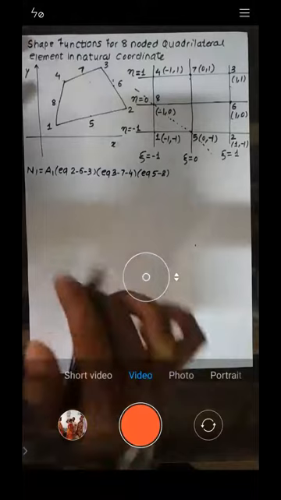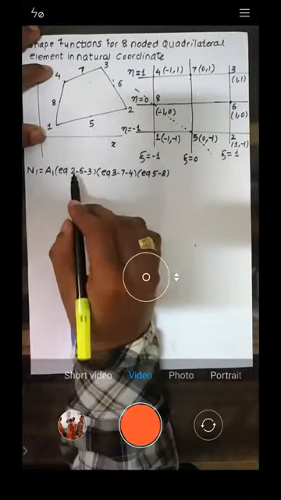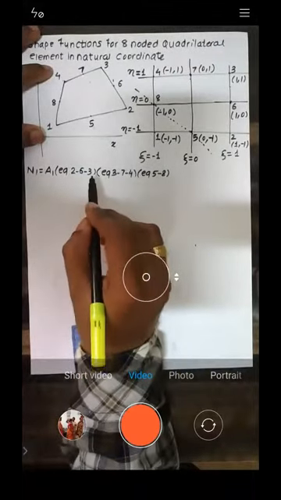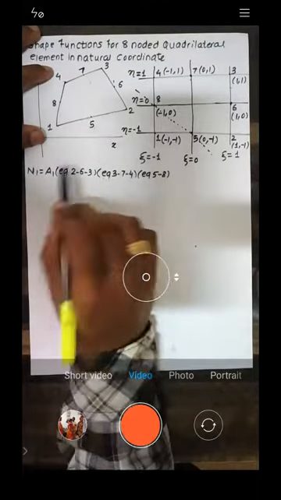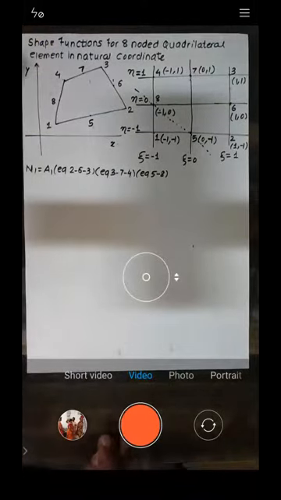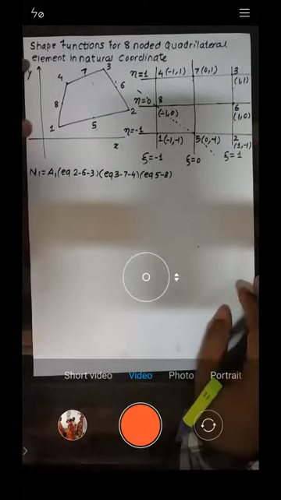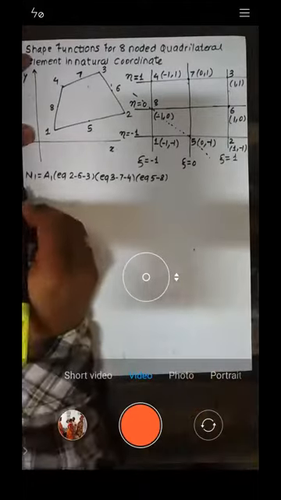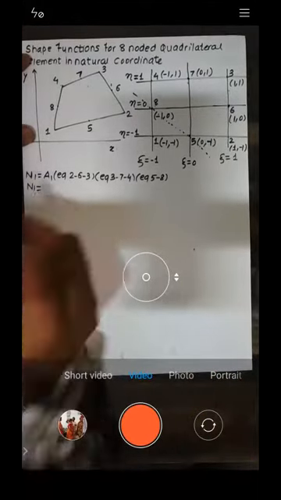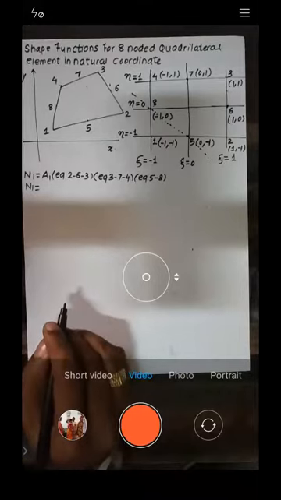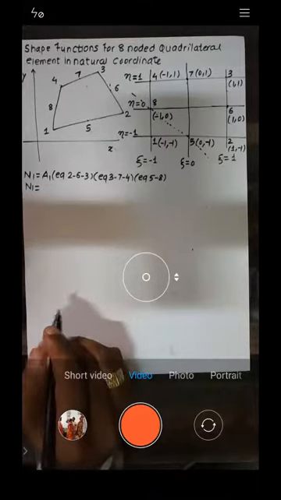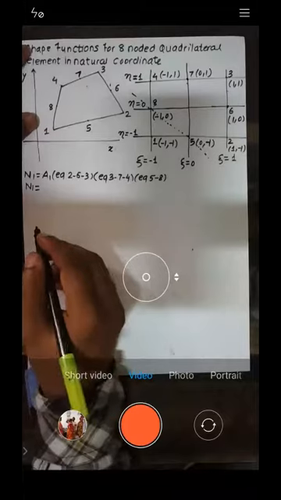Now 2 is covered, 3 is covered, 4 is covered, 5 is also covered, 6 is covered, 7 is covered, 8 is covered. Now all the nodes are covered. Is it okay? Have you understood this one?